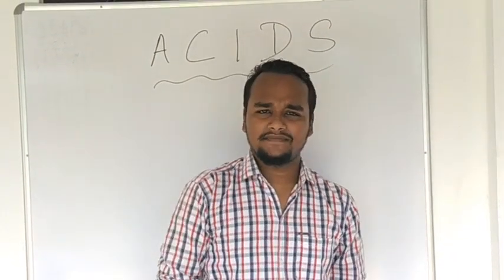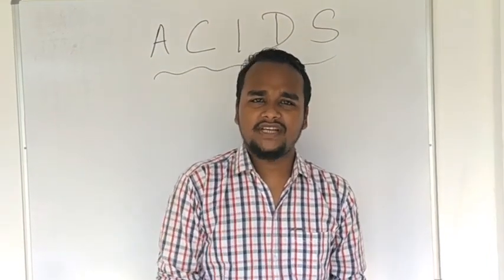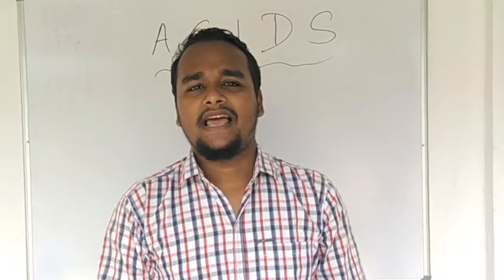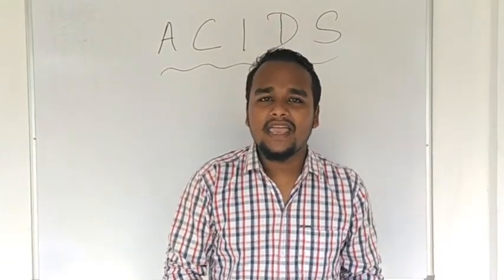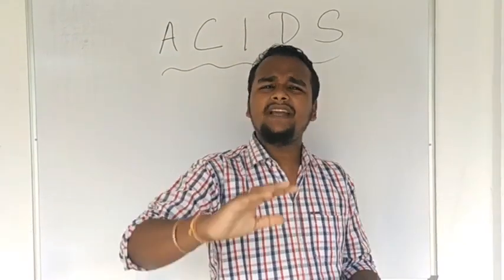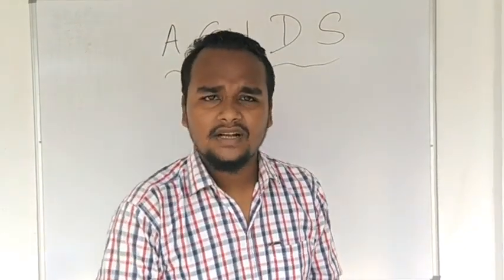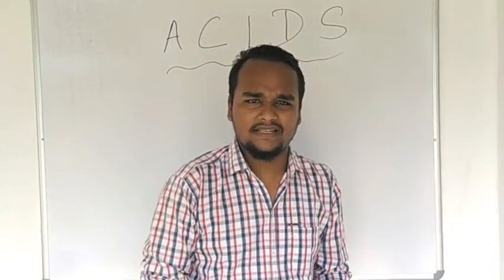So the first question is, what is an acid? An acid is a substance containing H plus ions. Okay? So let me not make it very confusing. Let me start with an acid. What do you know about acid?